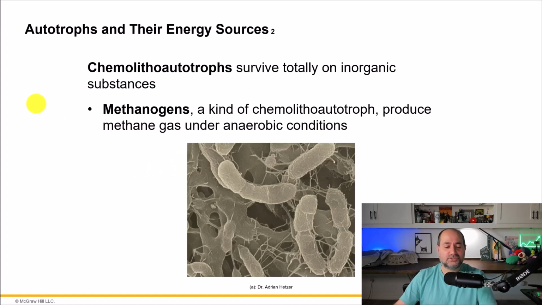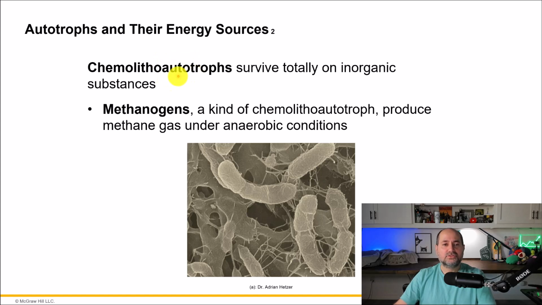There are some creatures that are chemolithoautotrophs. You know what that means? They get their energy from a molecule, some kind of compound, not the sun. They get their electrons from an inorganic molecule, and they get their carbon from the air.